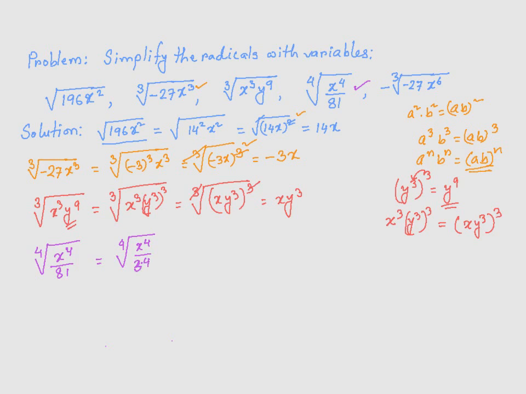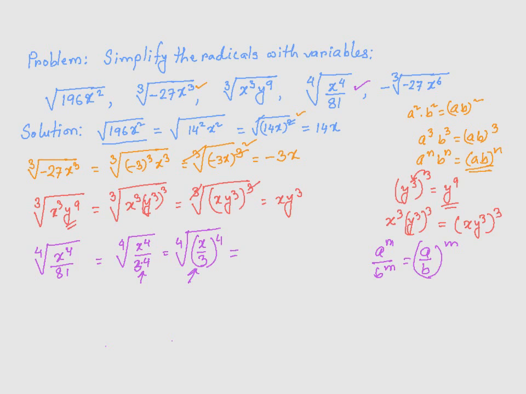Now I'm going to simplify this using another formula that you are probably familiar with, x over 3 raised to the power 4. Remember, a to the power m over b to the power m is the same as a over b, the whole thing raised to the power m. That's the rule that I have used in going from here to here.